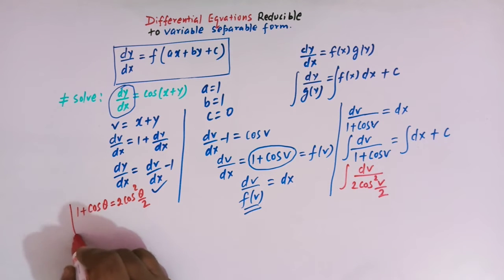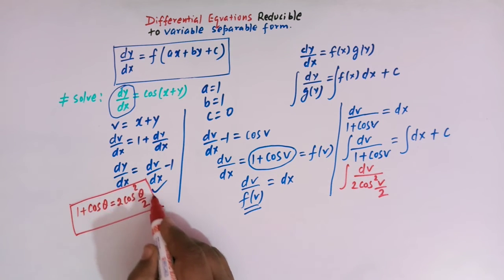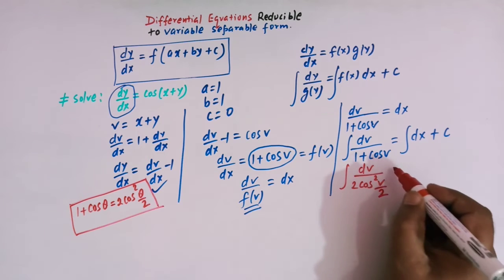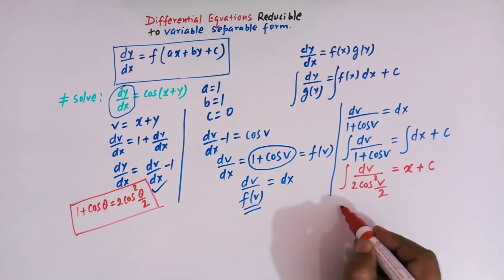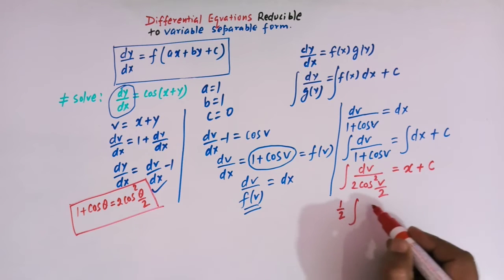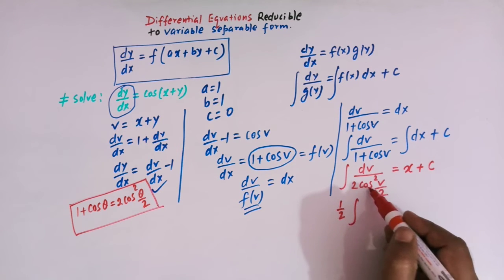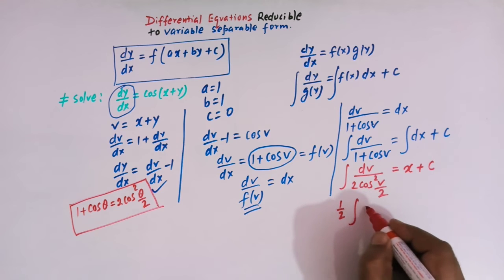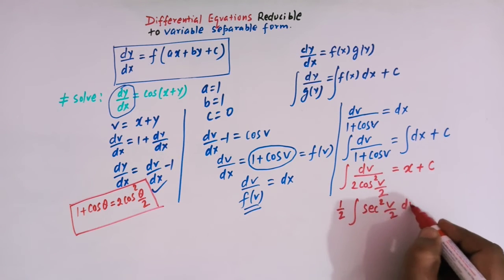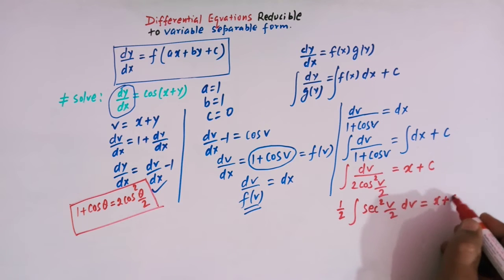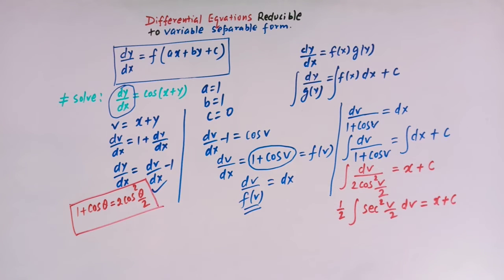This is an important trigonometric identity, and here we have x plus c. Now we can take half outside, and 1 over cos square v over 2 is secant square v over 2 dv, and here we have x plus c.